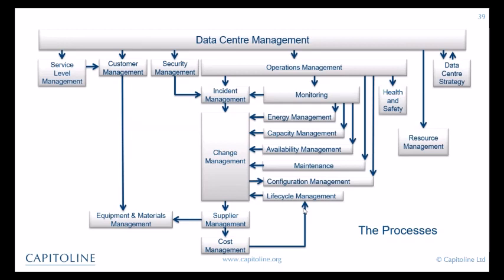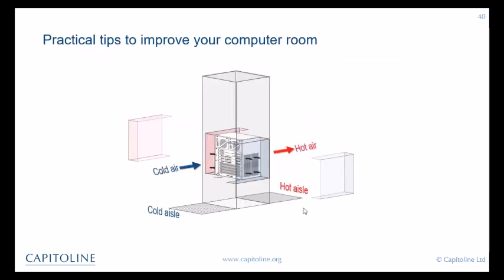The easy, simple ways of measuring certain parameters in order to identify where issues have arisen or where they're likely to arise, and how we can address each of those. And as we go through those procedures, we will include specific practical tips on how to improve your computer room. And all of that is produced graphically, as you can see here, along with a detailed explanation of why we try and do these things.